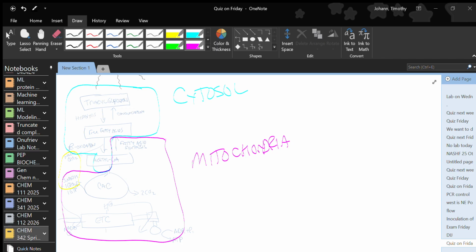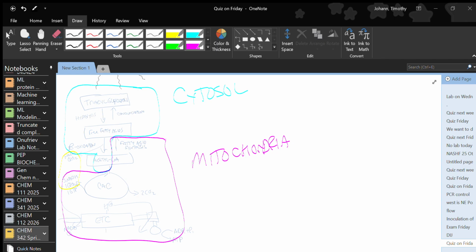Why is it half of your acetyl-CoA? I did half acetyl-CoA. You're going to need acetyl-CoA both in the mitochondria and in the cytosol because of this process. And so the use of that is now we have a compartmentalization.